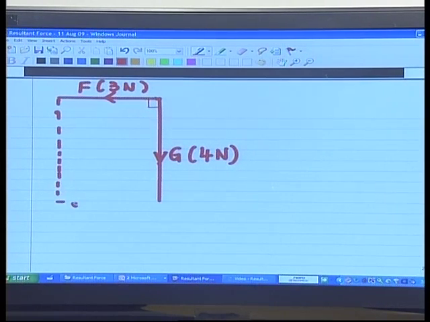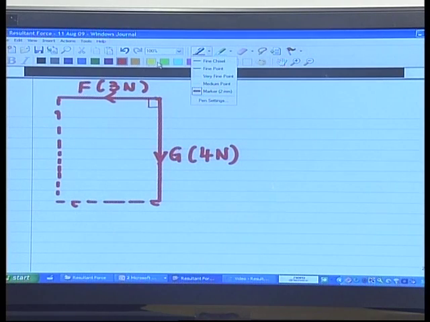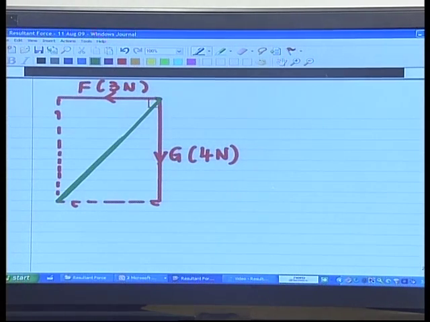This happens to be a rectangle. Sometimes it is a parallelogram. So we work this out. I'll use another color so that it is clearer for you. I use two arrows. So this is x.